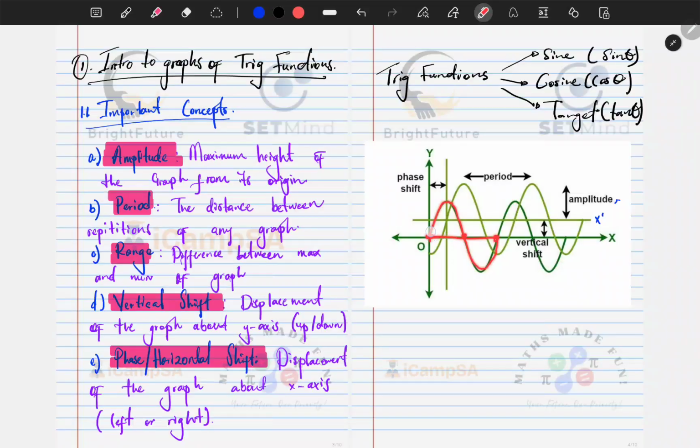Your period will be the distance from here to here. This is the first graph, and then it repeats itself. Hence we say it's the distance between repetitions of any graph. Between these two repetitions, the distance from here to here will be your period.